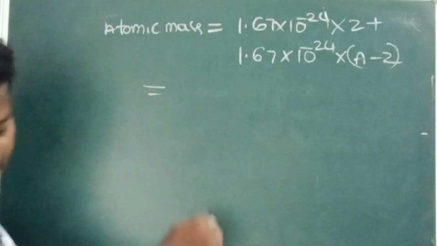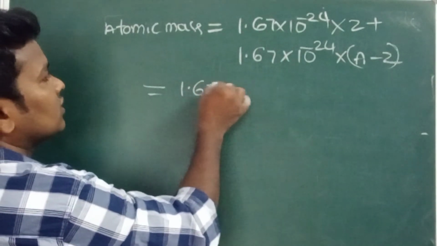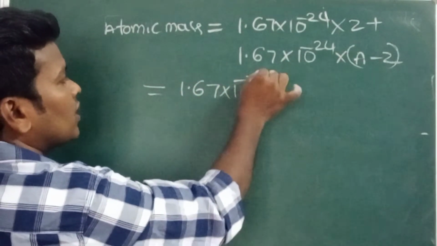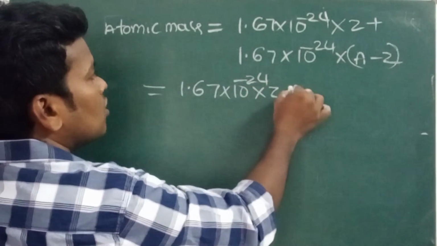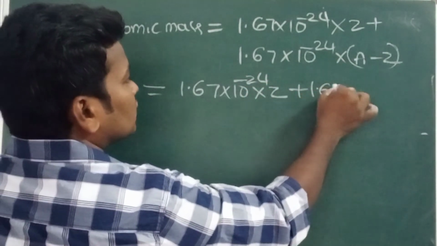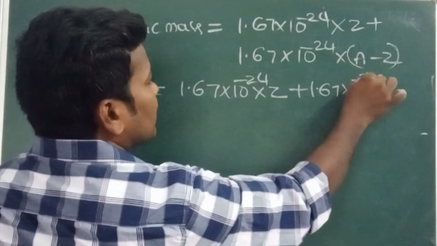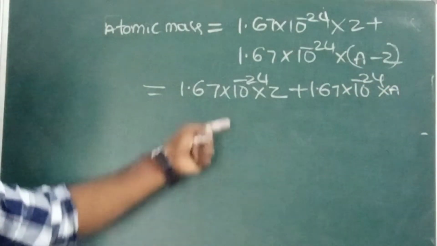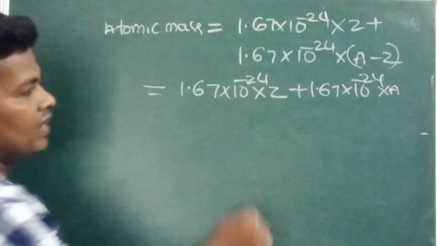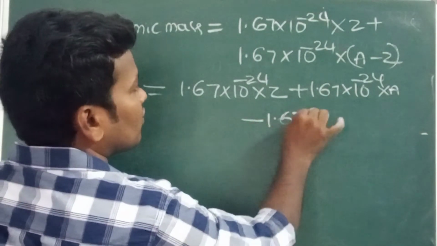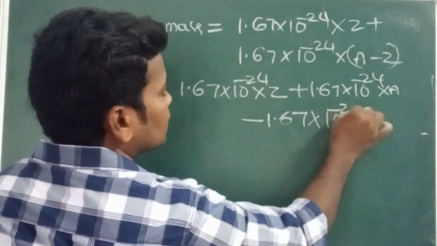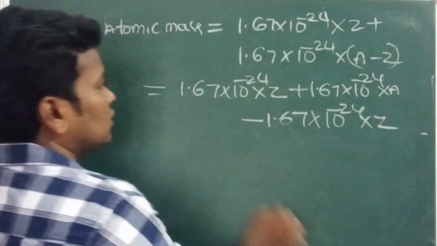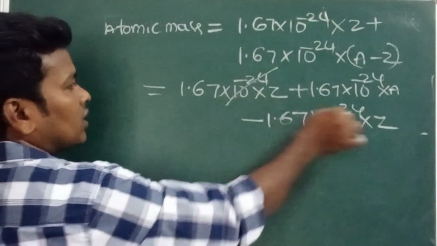So here you can write 1.67 into 10 to the power of minus 24 into Z plus 1.67 into 10 to the power of minus 24 into A, minus 1.67 into 10 to the power of minus 24 into Z. The plus and minus terms get cancelled.